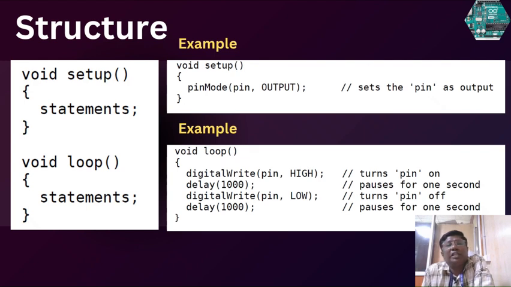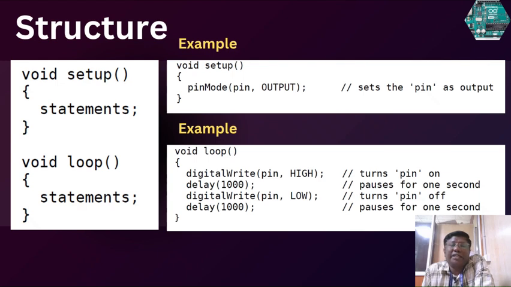The pin mode is where the input pin is set. You have several pins, so which pin you use as an input, we have to declare. Similarly, which pin is used as an output. Here the pin is given as an output parameter.